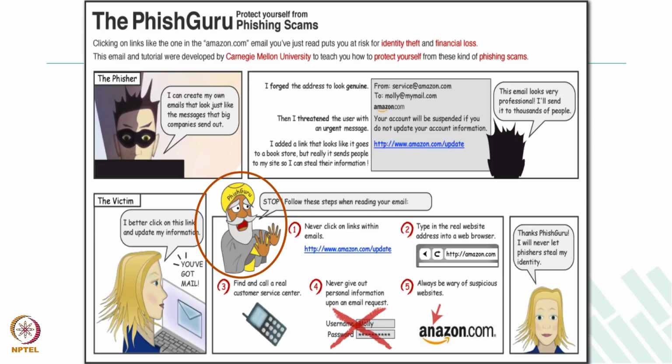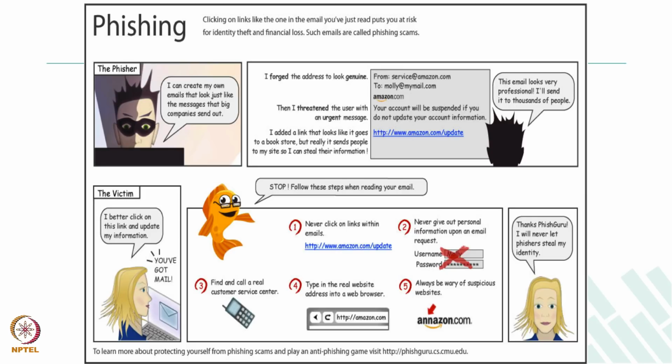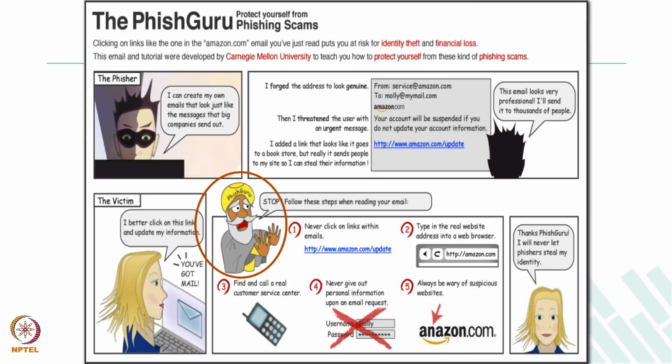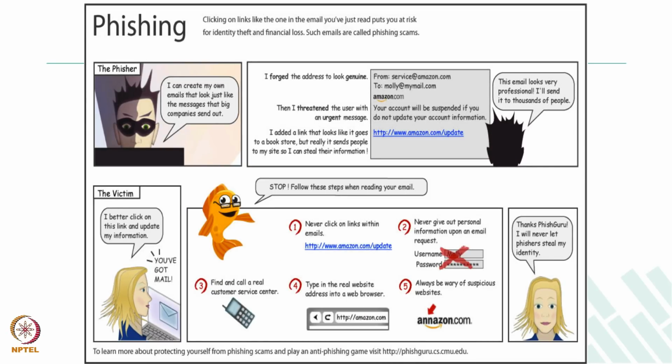So we ended up changing the fish guru icon to something gender neutral. Gender neutral helps because it shows there is no bias when people are reading these instructions and materials from a gender neutral character. That's the reason why we went from a biased character to a character which looks at least gender neutral.